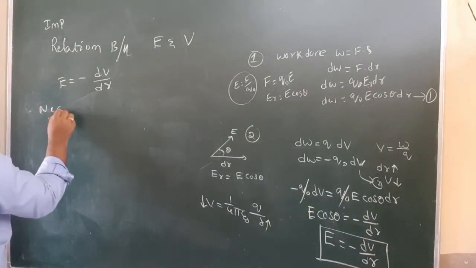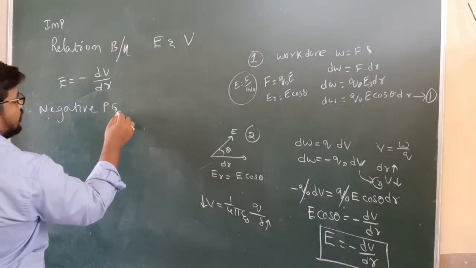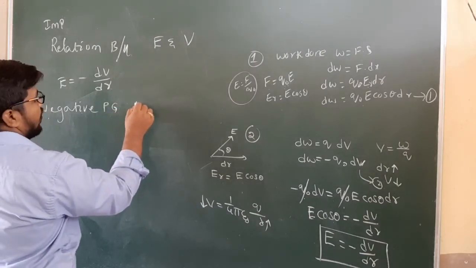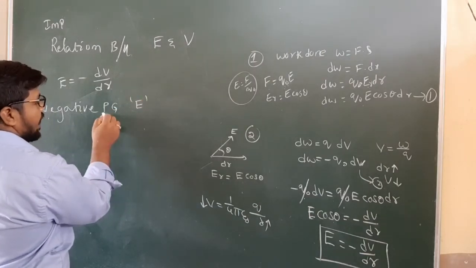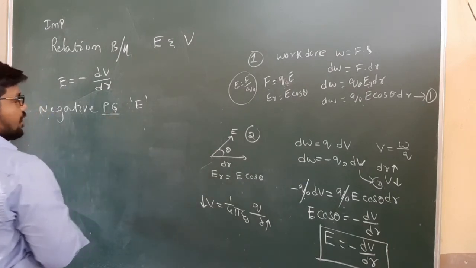The negative potential gradient gives the electric field.